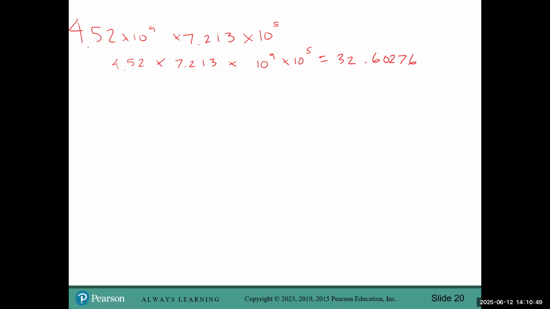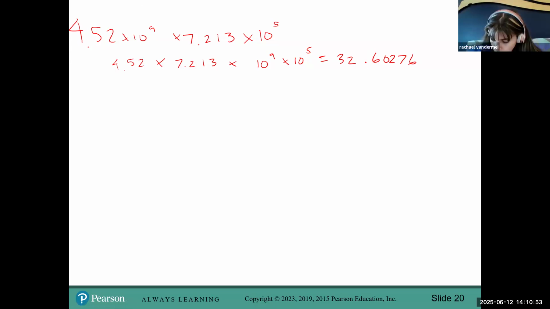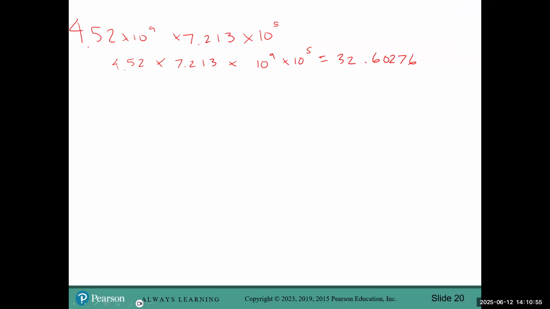Okay, and then what do I get for my powers of 10? Is it 10 to the 14th, right? That's right. Now, hold on. I realized I hit the wrong button here, so I'm trying to switch back to here. Okay, so yeah, times 10 to the 14th.